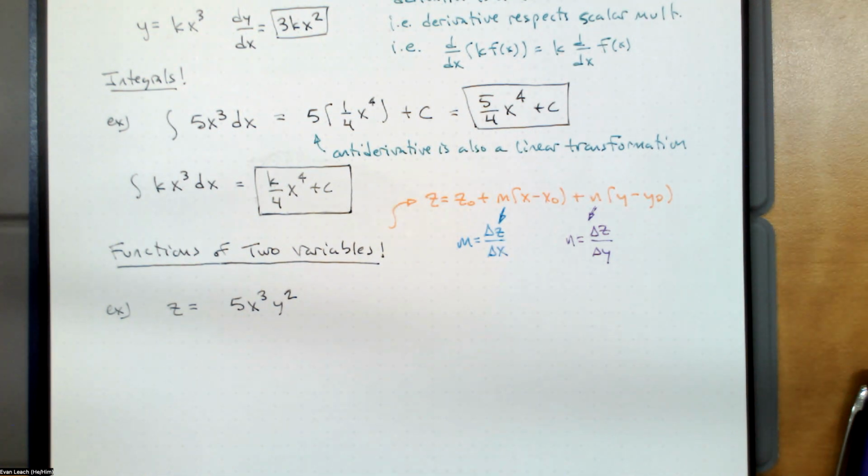So when we calculated dz dx, we just ignored what was going on with the y. We just looked at that one row in the table. We looked at one row in the table to figure out how changes in x made changes in z. So think back to the table.